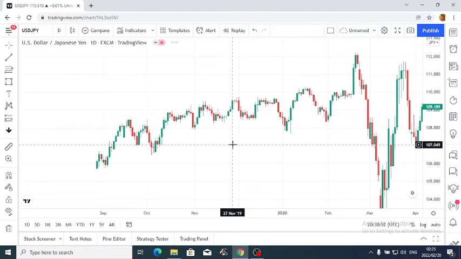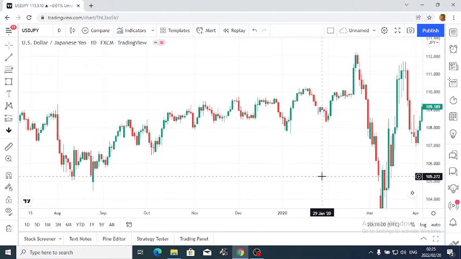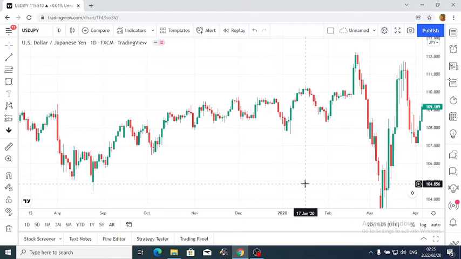I was thinking the topic would be moving average, but I realized it's about support and resistance.